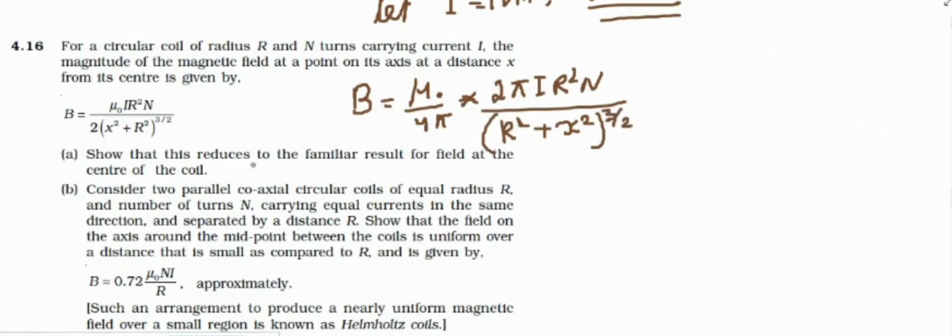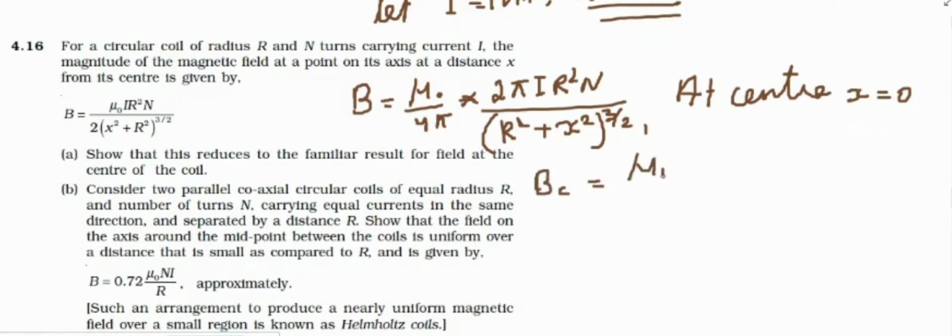Show that this reduces to a familiar result for field at the center of the coil. At the center of the coil, the value of x is equal to 0. When x is equal to 0, you will get the value of B at the center: B is equal to mu naught by 4 pi into 2 pi I upon r.